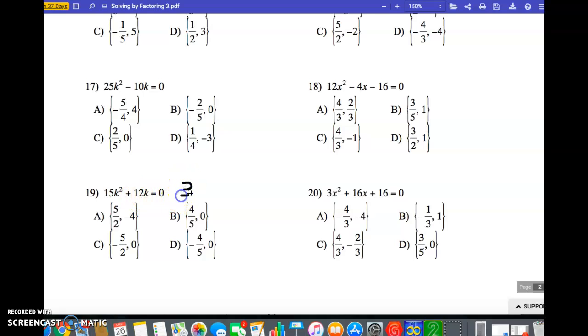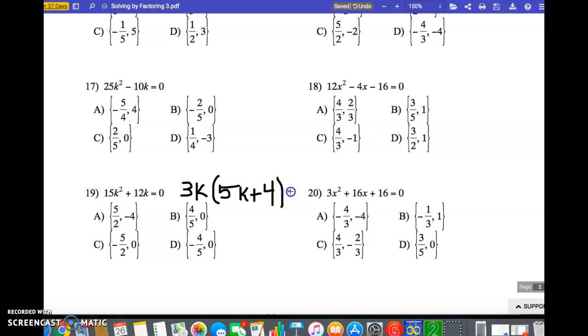So if I can take out a 3K, I'm going to take that out first. What's left behind would be a 5K inside there, and here would be a plus 4. Now no K because we already took the K out. So you're left with 5K plus 4.